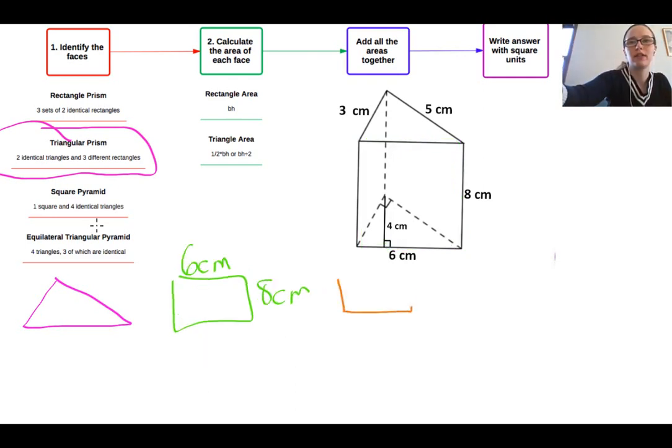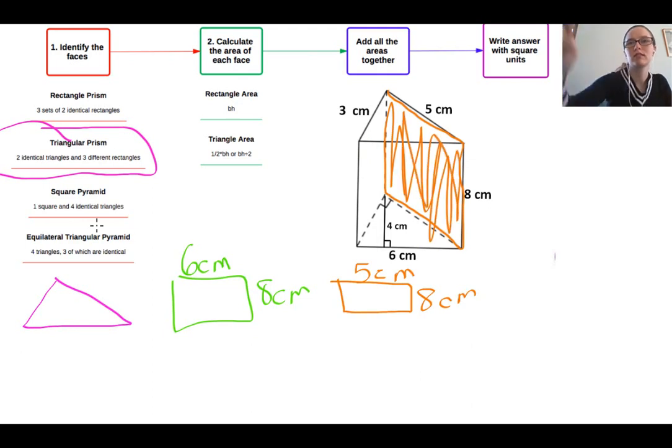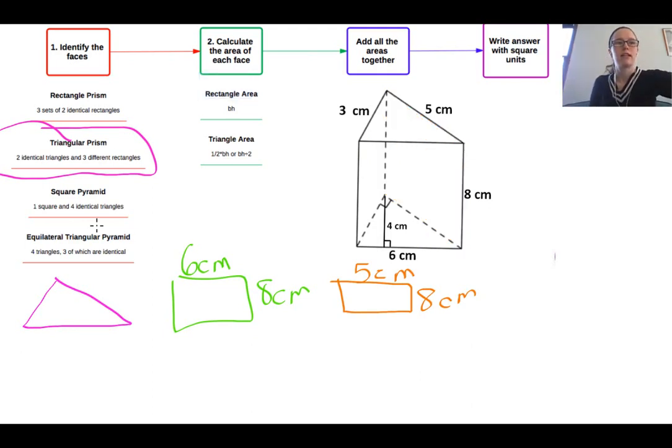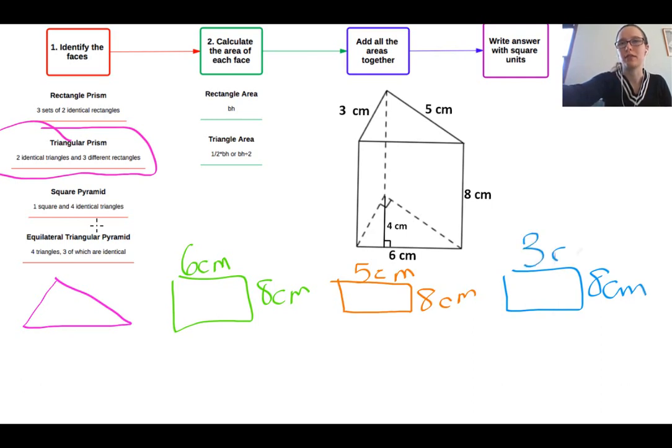We have another rectangle that has a side length of 8 centimeters and a side length of 5 centimeters, which is found right here. And we have another that has a side length of 8 centimeters and another side length of 3 centimeters. That is found right here.